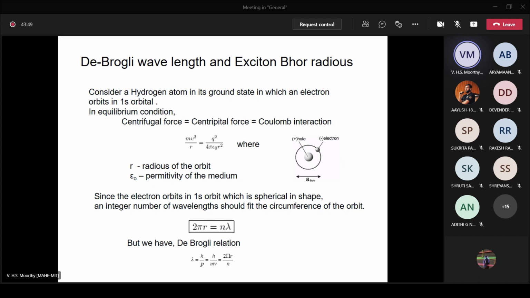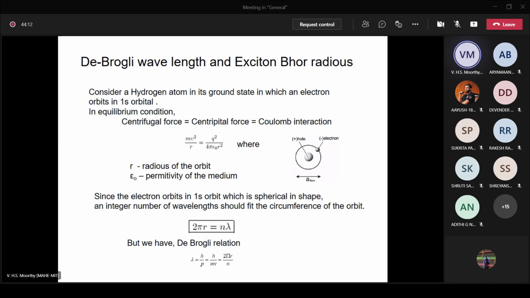Now our goal is to understand exciton in the given semiconductor. But a semiconductor has so many other electrons and other things in the atoms, so we have to take the simplest possible model. What is the simplest possible model for exciton?